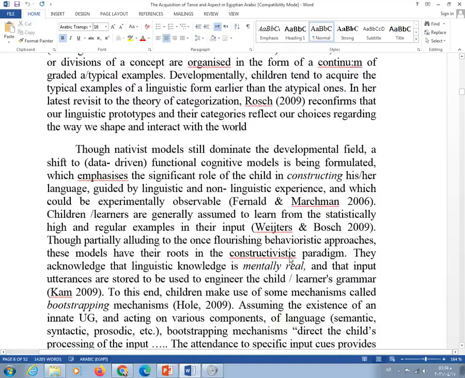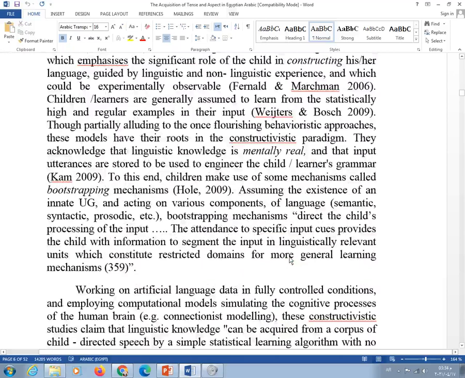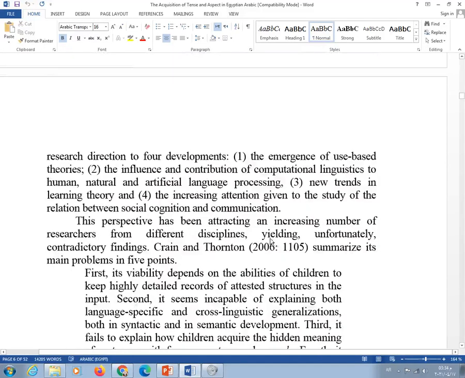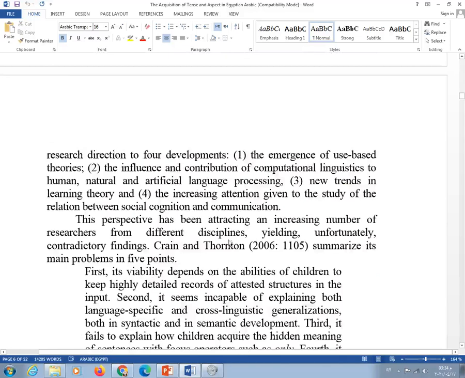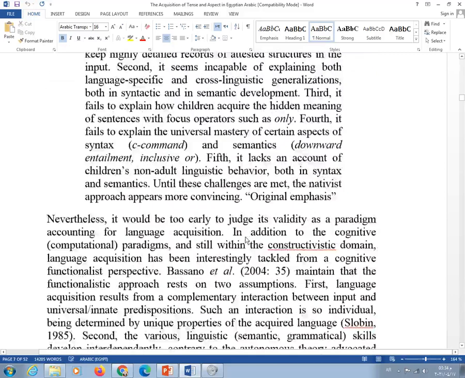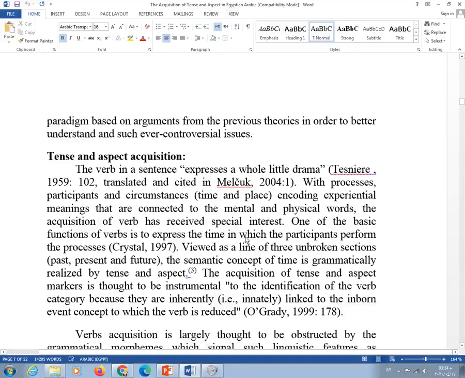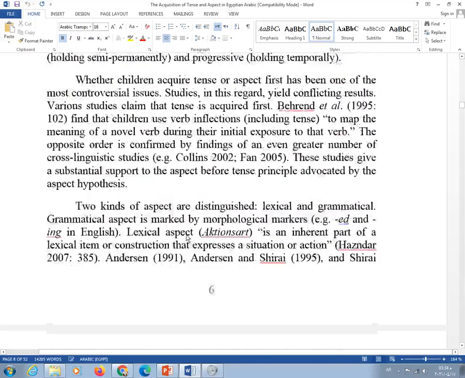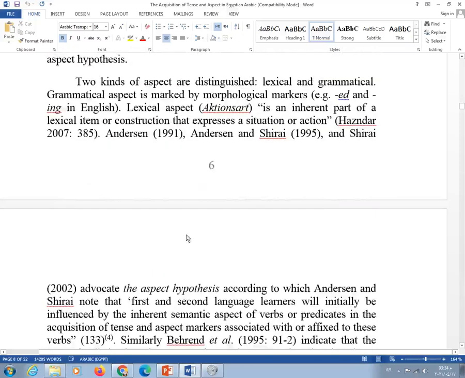Also, we have a lot of discussion on the constructivist theory, and then we started to talk about tense and aspect acquisition, and the theories that tackle this, and the idea of the aspect hypothesis.